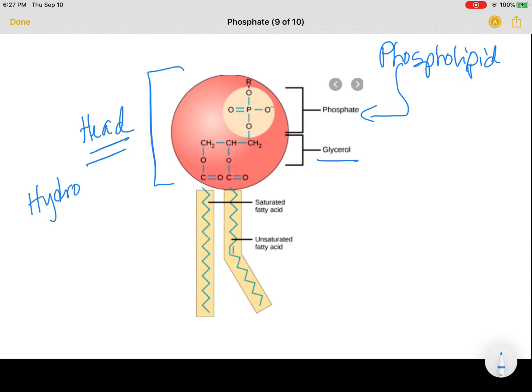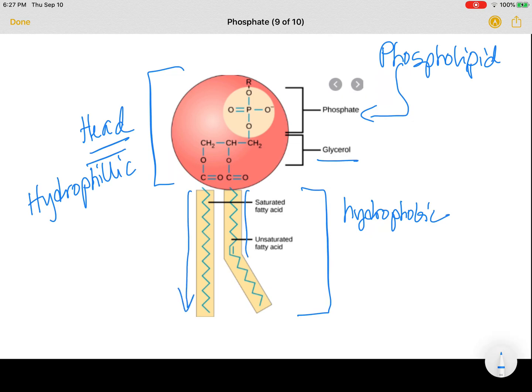This head is hydrophilic. Loves some water on the outside. But these two tails are hydrophobic. So we have a saturated because it's straight. We have an unsaturated because it's bent. And there's that double bond. Oh. Cell membranes.